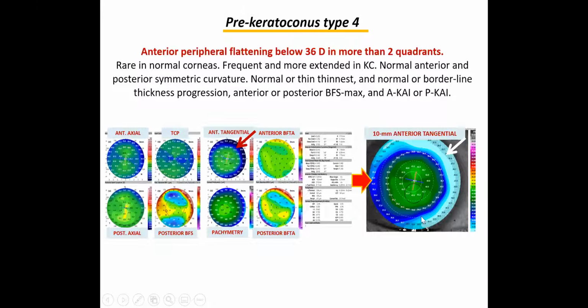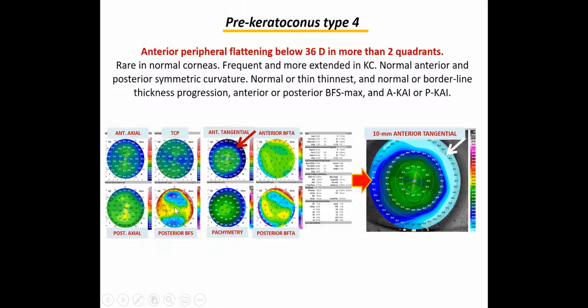Here we have another very interesting case. This is the regular anterior tangential map, and this is the modified map at 10 millimeters. It clearly shows flattening at the periphery. This is an ophthalmologist, Dr. Harumi Burga from Peru, who allowed me to present this case because she was diagnosed with initial keratoconus in the past with other devices, and she does not have keratoconus.